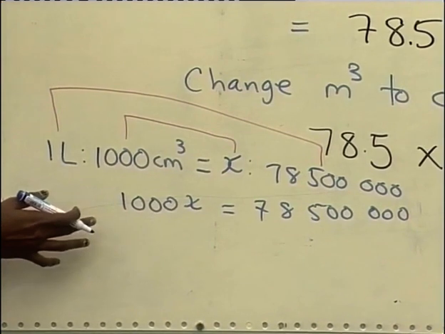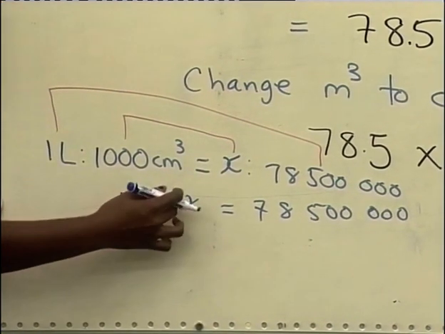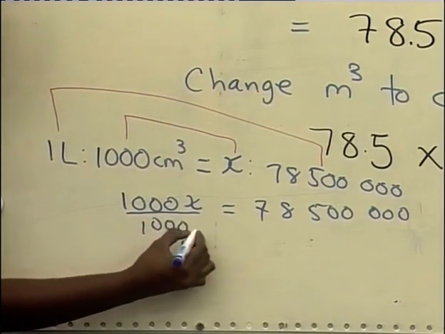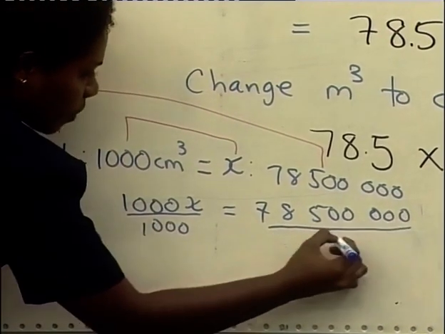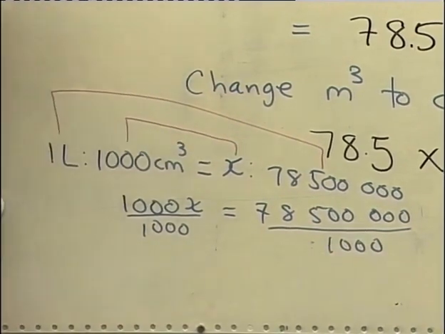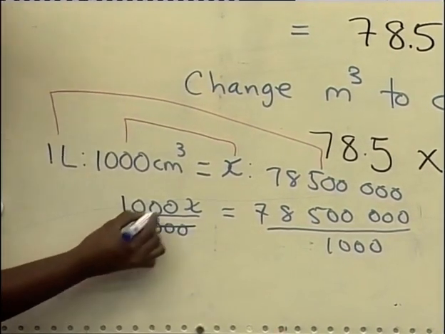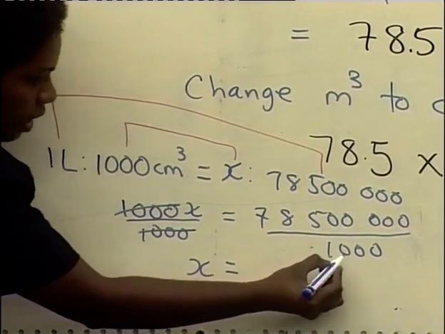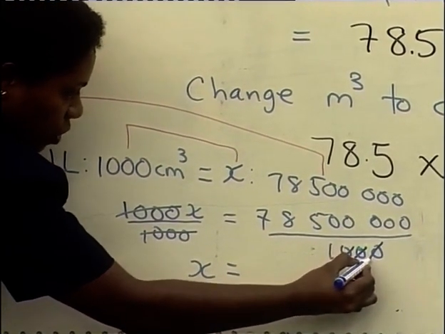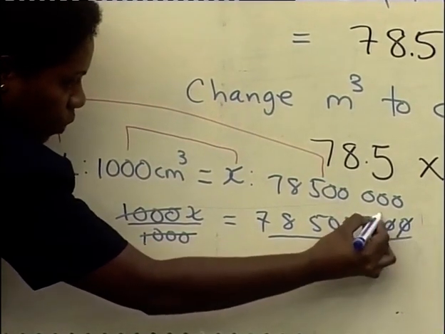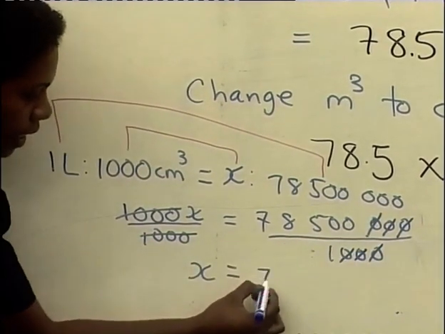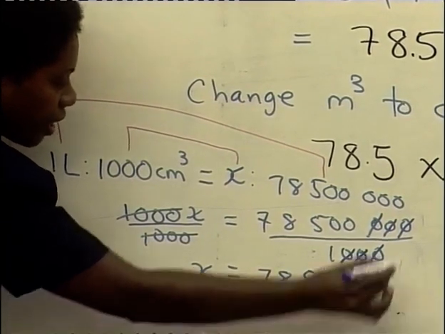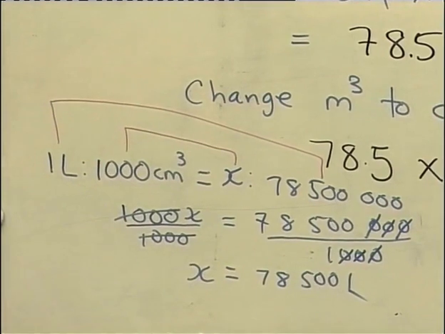I divide by 1,000 to get rid of the 1,000 next to x, so here I must divide by 1,000 too. I cross this off, cross this off. Cross off the zeros, 1, 2, 3. I'm left with x equals 78,500 liters.